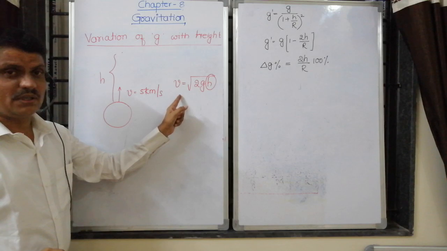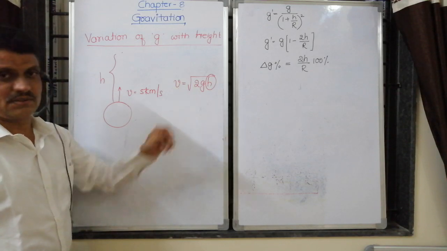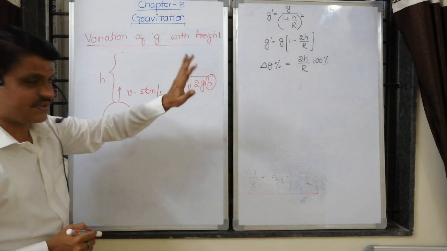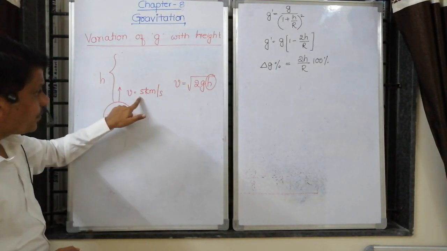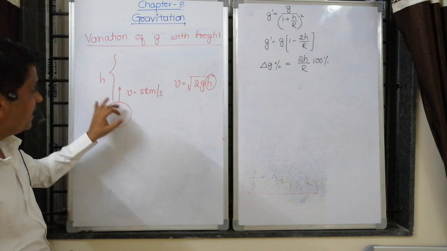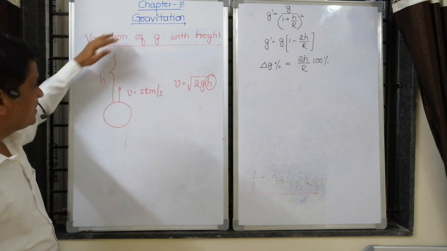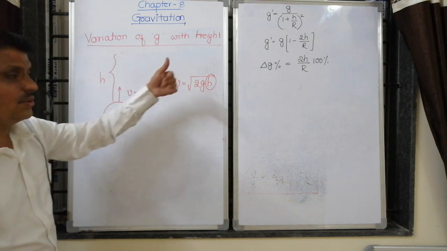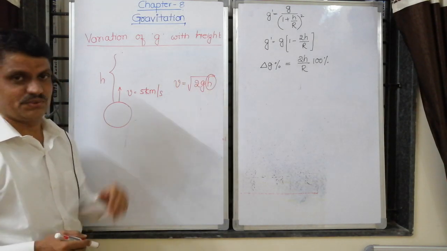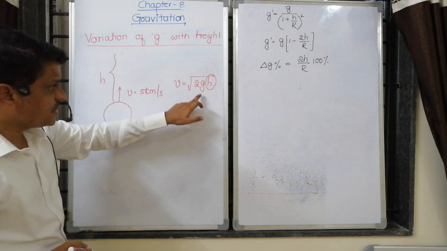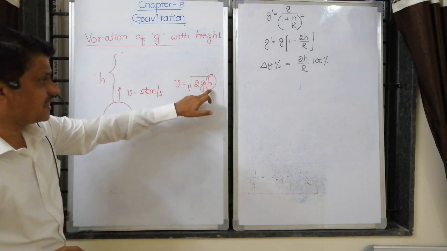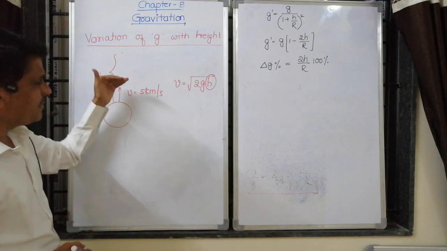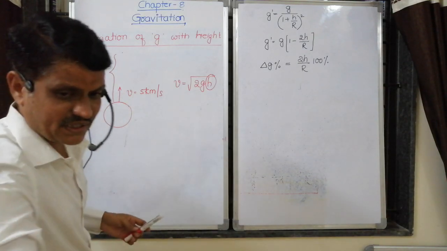If I use this formula, we can't get the answer, because this is applicable when g is constant. But here when I project with this speed, it will go so high that this h will be comparable to r. That's why we cannot use it. If first you calculate g, then I have to go for integration and other things. But to simplify, I will use the law of conservation of energy here.